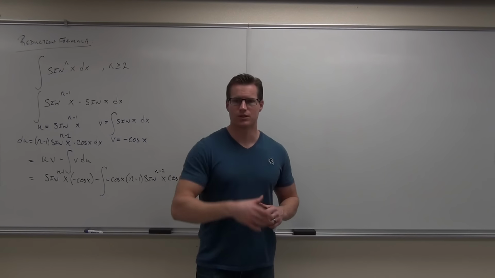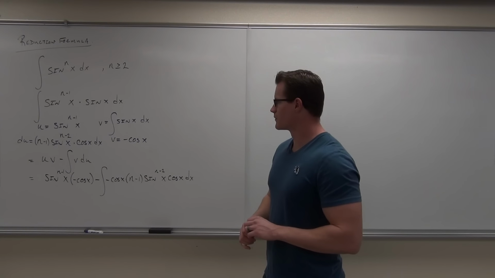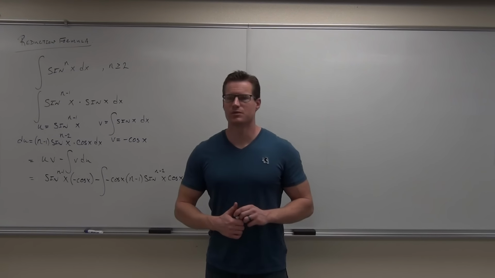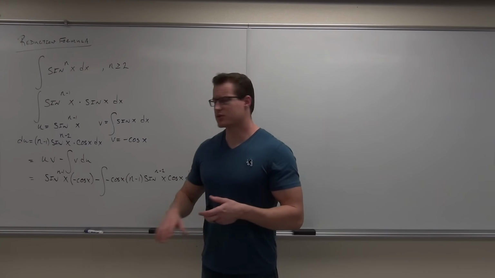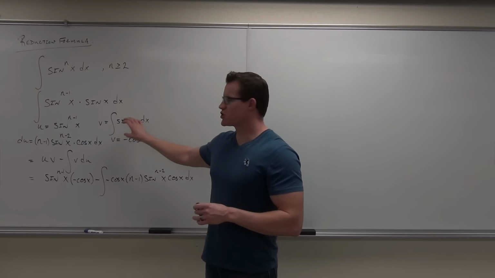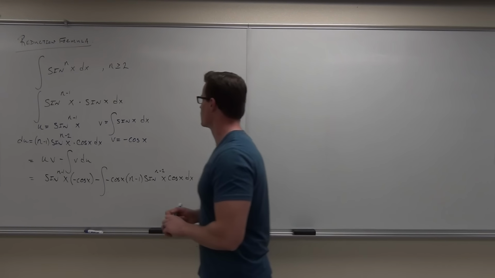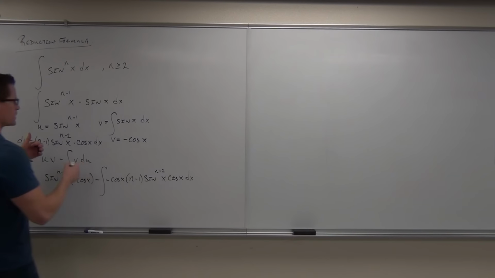When you find the indefinite integral of sine x, we don't have to put negative cosine x plus c? No, the plus c is going to be one constant at the very end of this thing. This is just a temporary deal that we're doing, okay? In fact, some people show this a little bit differently. They say, well, remember, it's u dv, right?